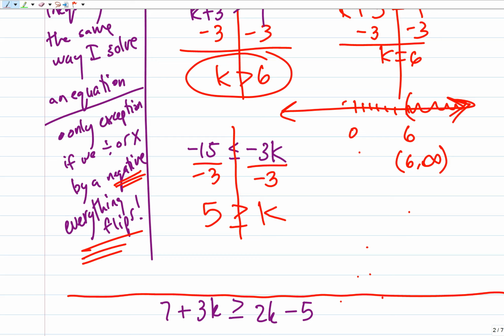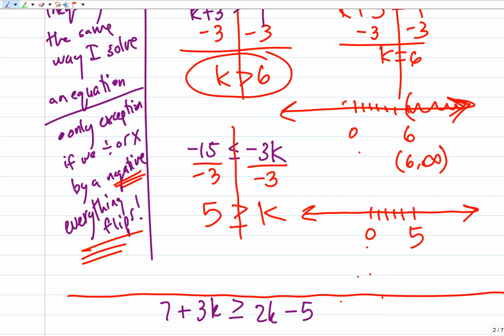You with me? All right, so when we graph this, here we got a number line, right? What point are we starting at again? At 5, right? And this says 5 is greater than or equal to k.